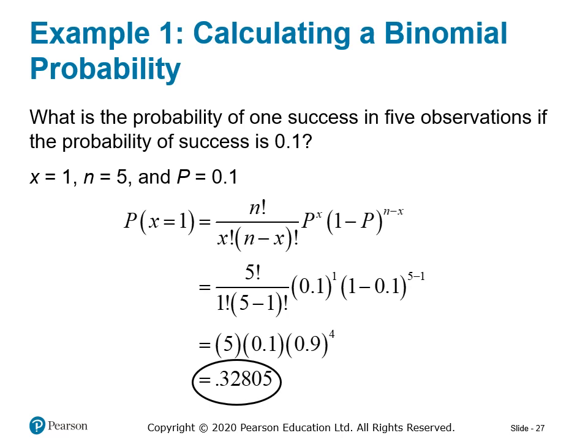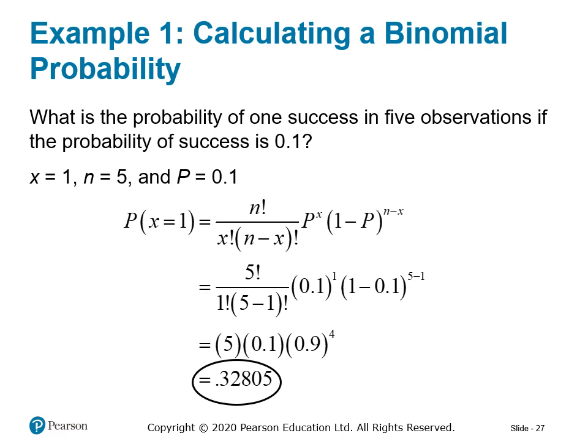Suppose instead of a coin flip, I have some other trial where the probability of success is not 0.5. What's the probability of one success in 5 observations if the probability of success is 0.1?